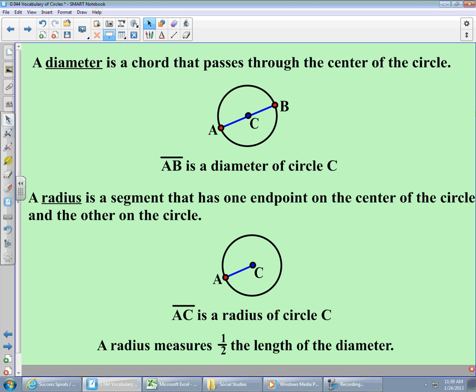That relationship, obviously, is that a radius is going to measure exactly half of the length of a diameter, which is kind of obvious. Radius goes halfway across the circle, diameter goes all the way across. So it's pretty clear to see that your diameter is going to be twice as big as your radius.